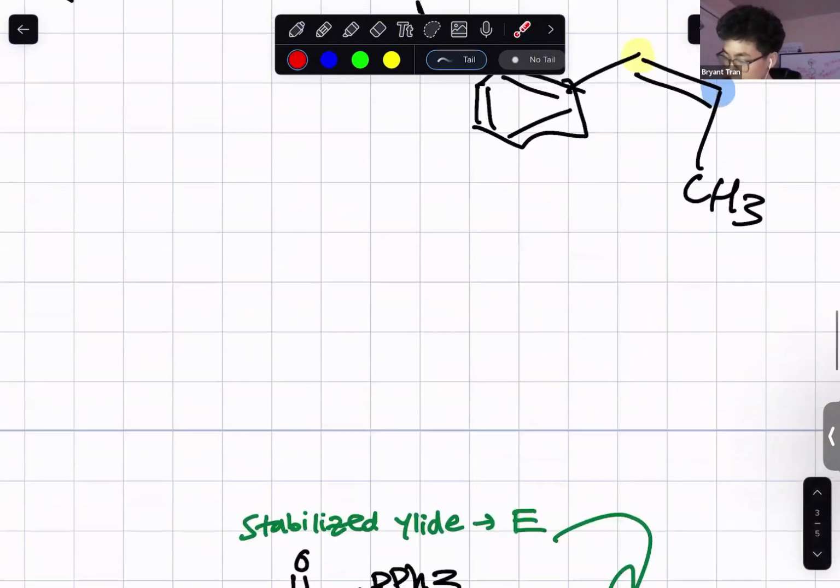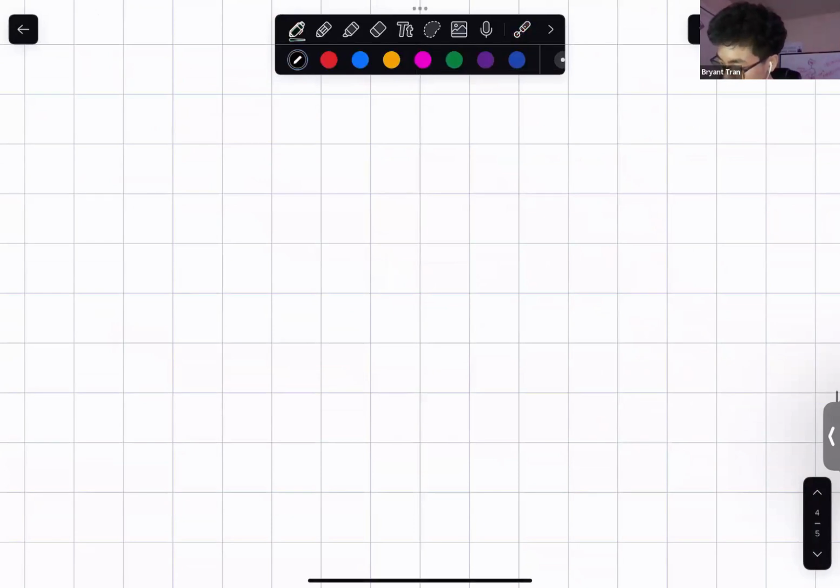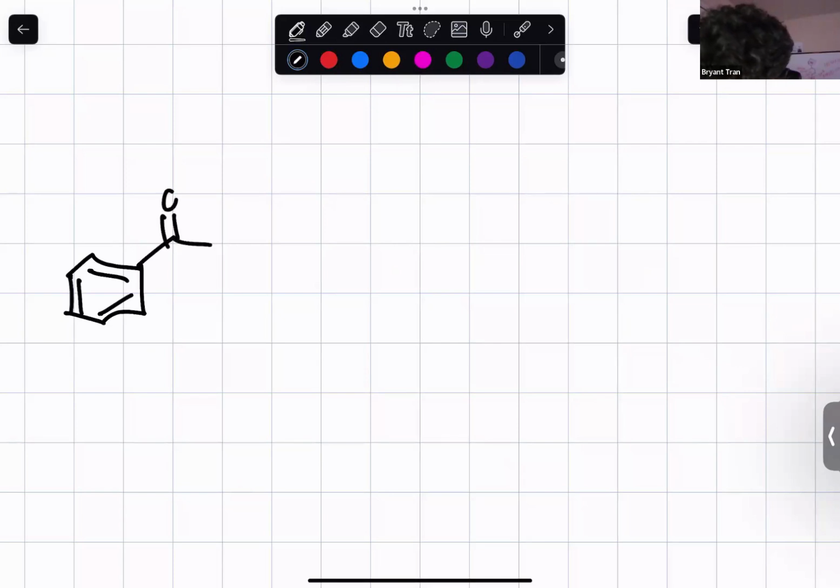Okay, so let's look at the first mechanism that we did with the benzaldehyde and the ylid with the methyl group like that.